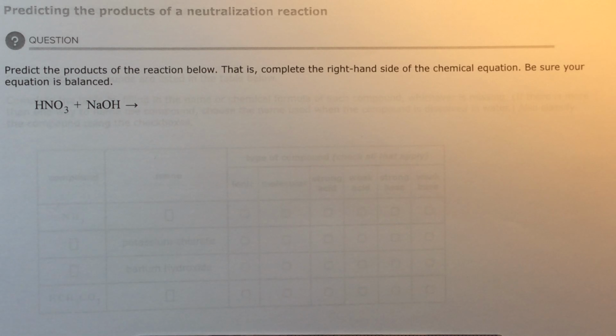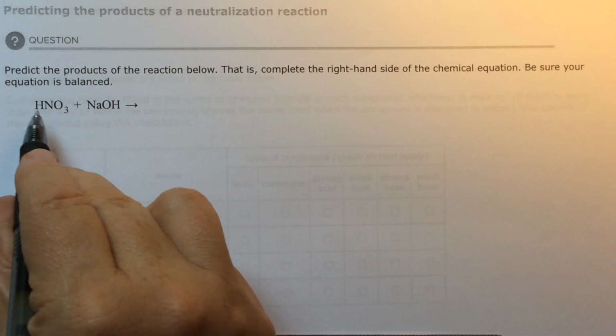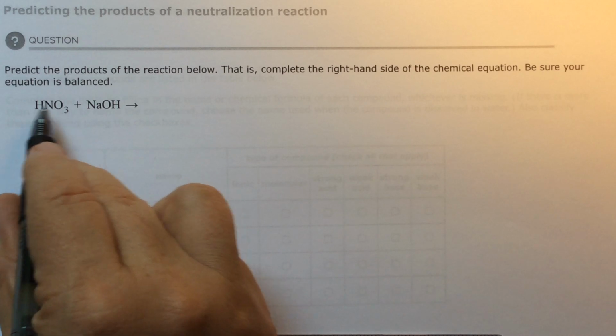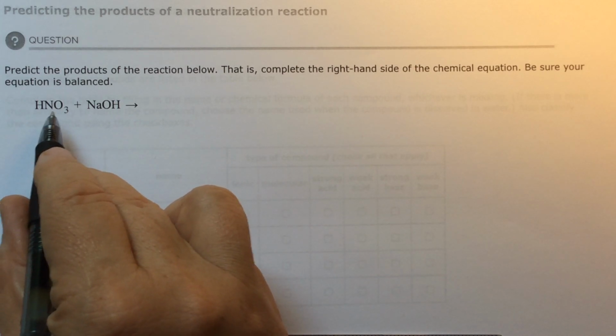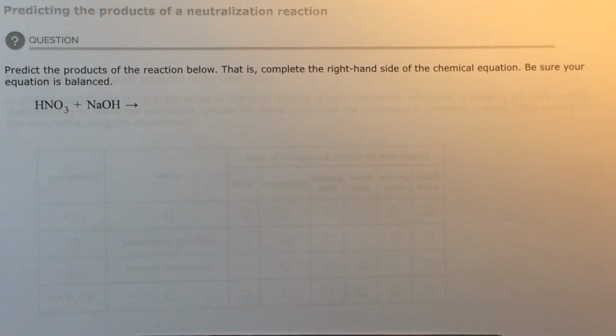So when you have an acid and a base together, several things will happen. Many times you are going to have a double displacement reaction. A double displacement reaction is when these two things break apart into charged particles, and these two things break apart into charged particles.